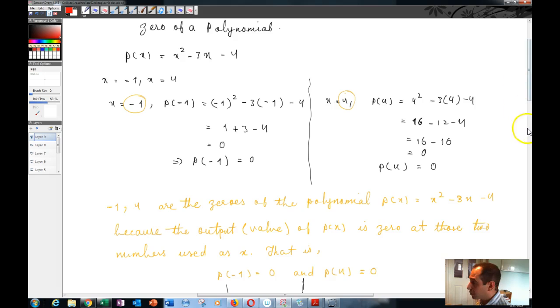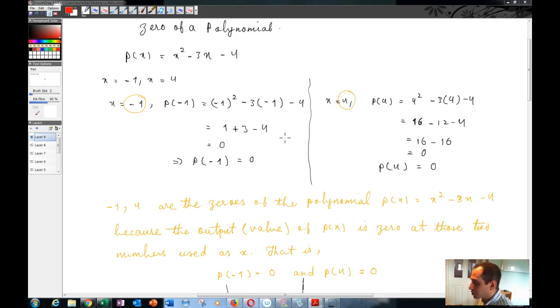Okay, so now there are a couple of things that we can do to show the geometrical meaning of the zeros of the polynomial. I don't want to spend too much time over here, because I just want to wrap this up as soon as possible.